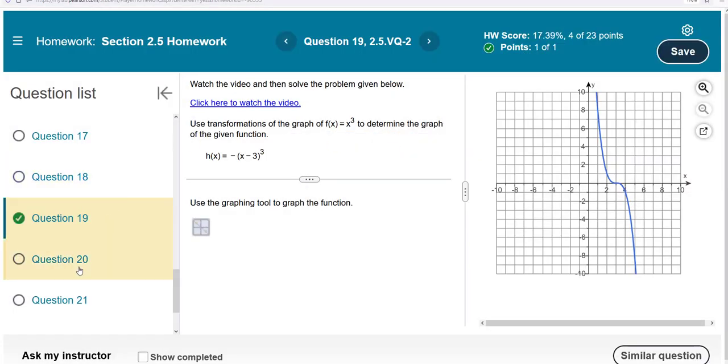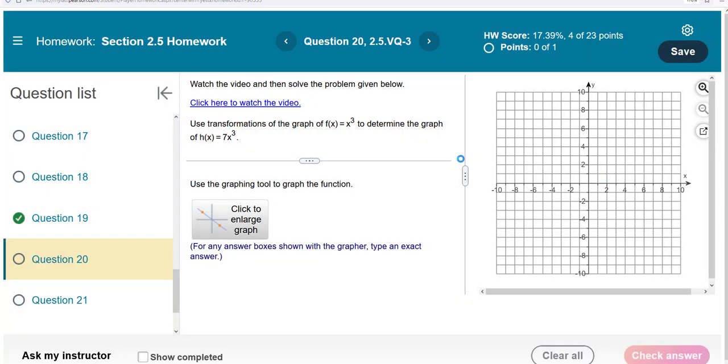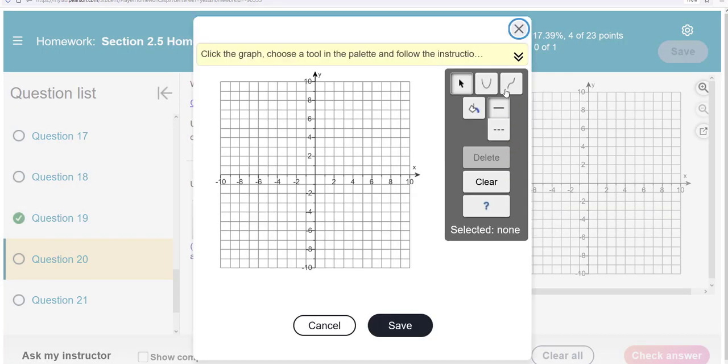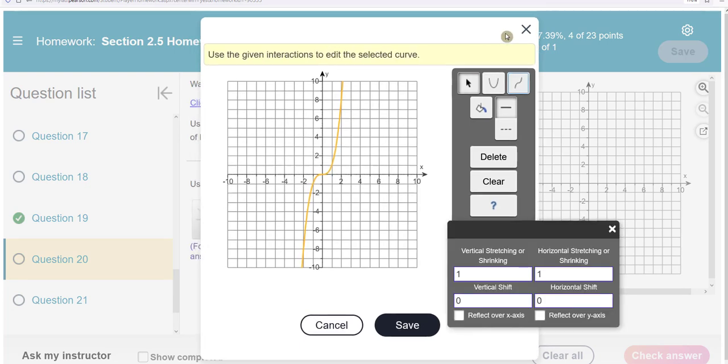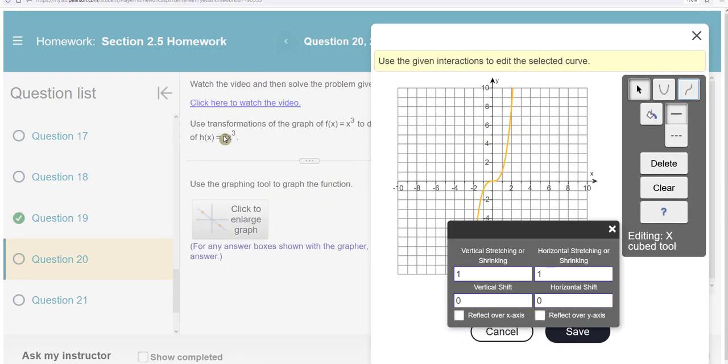Let's go ahead and see if we can do one more. Once again, this is x cubed. So we're going to use this graph here. I'm going to place it right there on the origin and it comes up. But now we have a 7 in front. The 7 in front means it's a vertical stretch or shrink, depending on the value of the number in front of x cubed.